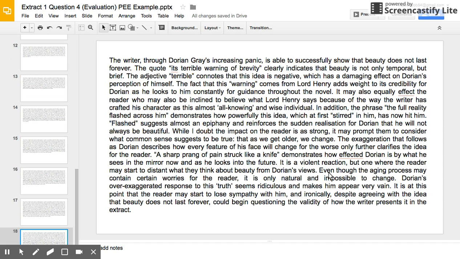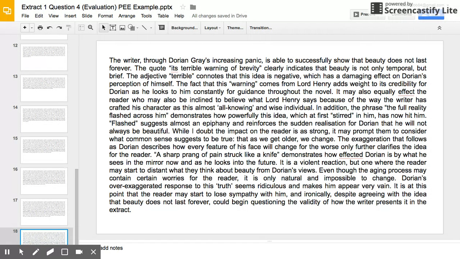This is where I feel like, again, I've needed to add in something else that might not be in the PE paragraph for the analysis. I feel like I need to talk more about judgment and how well the writer has tried to say the idea that beauty doesn't last forever. And I've come up with the idea that actually the reader starts to question Dorian Gray's motives here, okay? And we start to lose sympathy with Dorian Gray because he seems very vain.